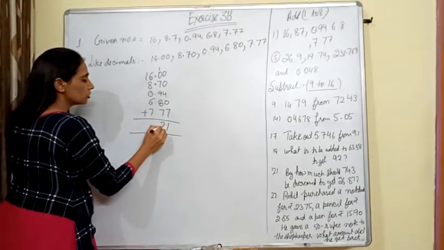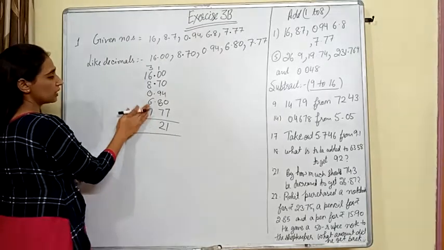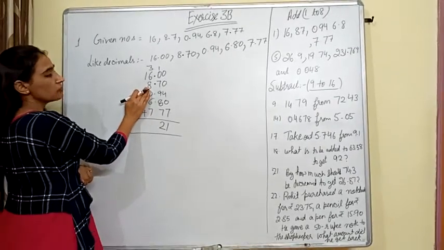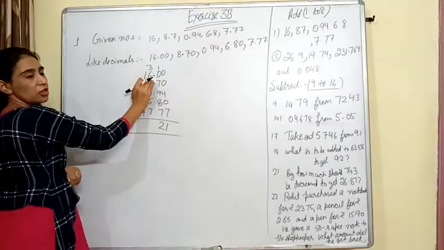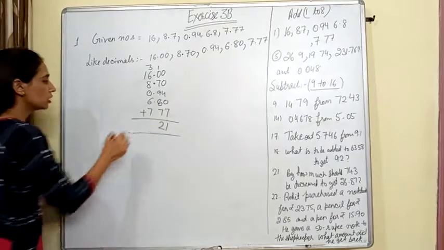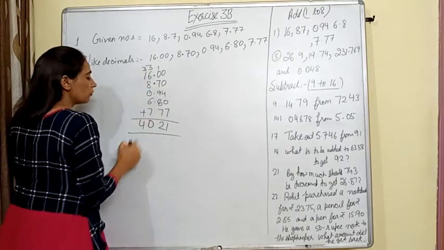Here will be 2, 3 will be carried. Now add this 7 and 6, 13. 13 and 8 is 21. 21 and 6, 27, and 3, 30. So here will be 0. This is 3, 3, 1, 4.